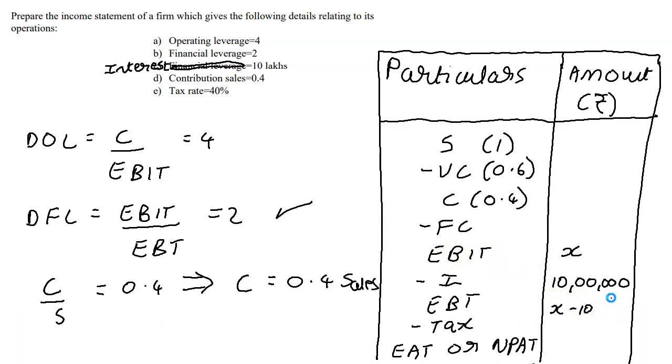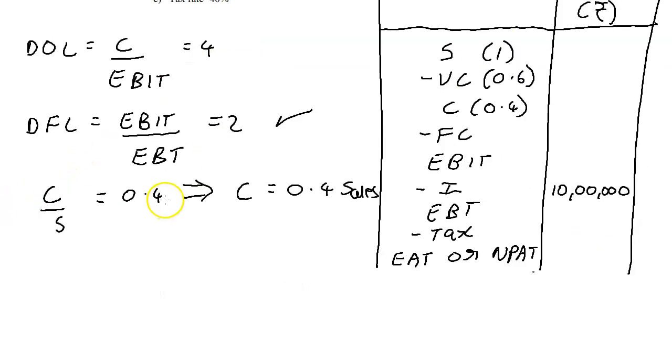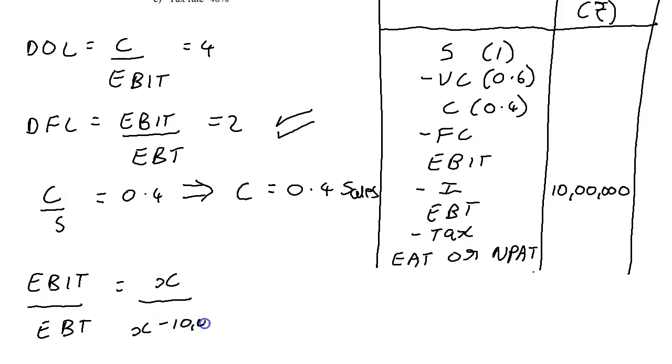And with that logic, I'm going to make use of the values here. So in place of EBIT, I'm going to write X. Okay, and just to make it very clear, if we have EBIT upon EBT, I'm going to write it as X upon X minus 10 lakhs.